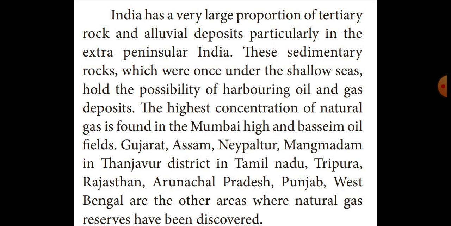The highest concentration of natural gas is found in the area of Mumbai High. Then followed by Gujarat, Assam, Naipaltur, Mangmadam, Tanjavur district in Tamil Nadu, Tripura, Rajasthan, Arunachal Pradesh, Punjab and West Bengal.